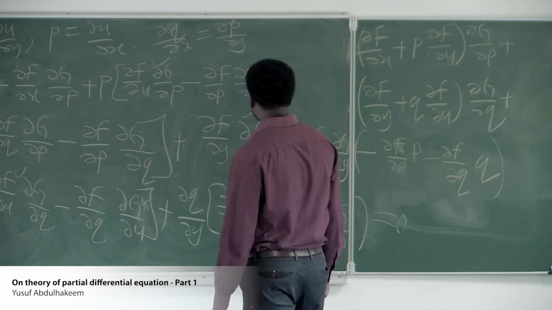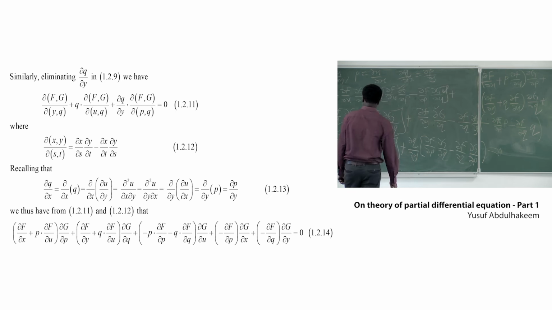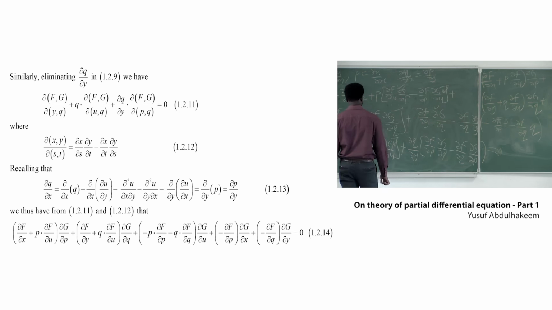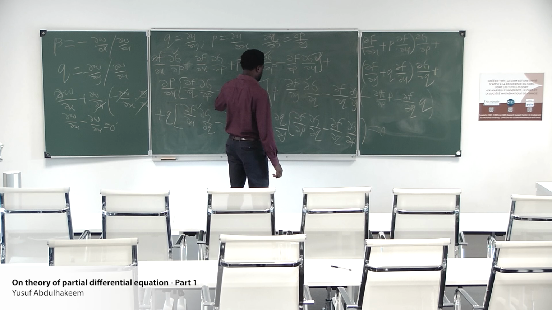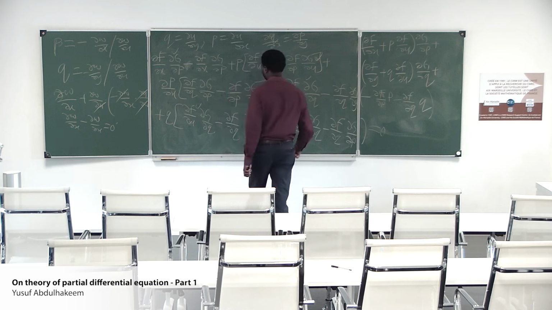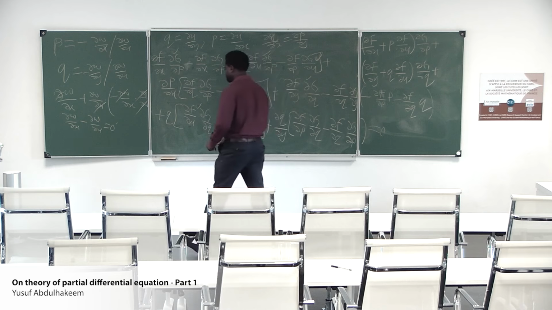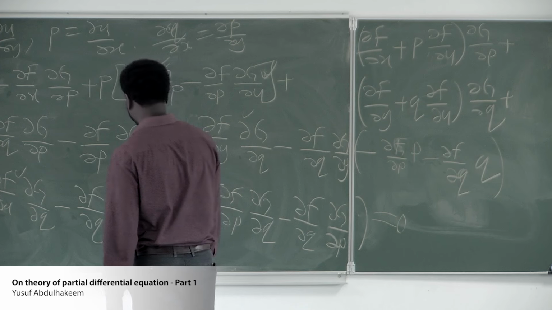So let's see what we are left with. Taking care of this, we are left with minus ∂F/∂P, then ∂G/∂Q, ∂P, then ∂G/∂X. Then let's look at the coefficient of ∂G/∂X.